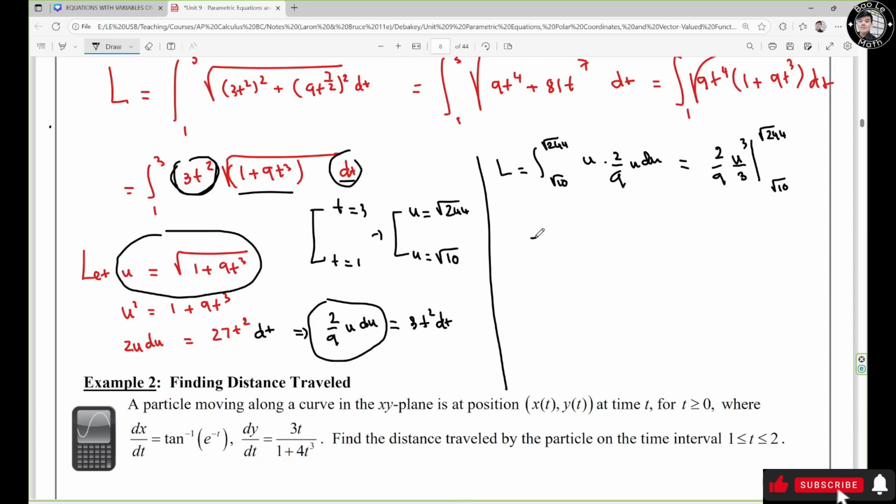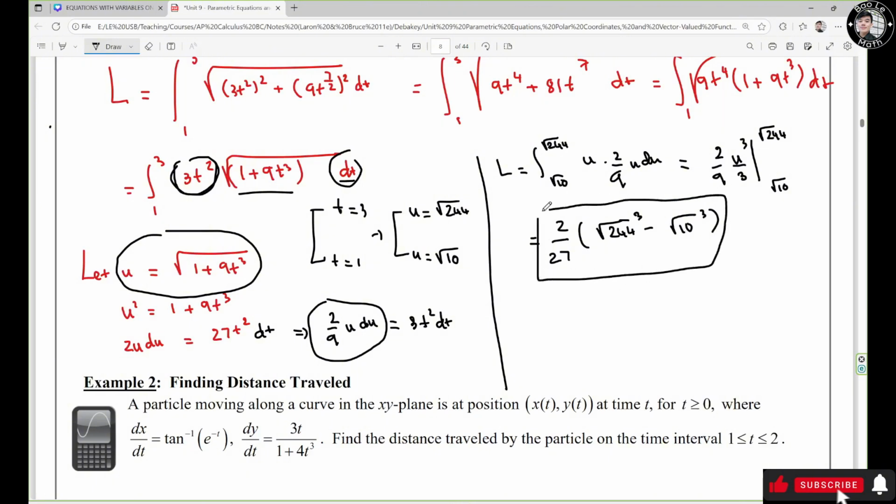So it's 2 over 27 times the square root of 244 cubed minus the square root of 10 cubed, and this is the final answer.